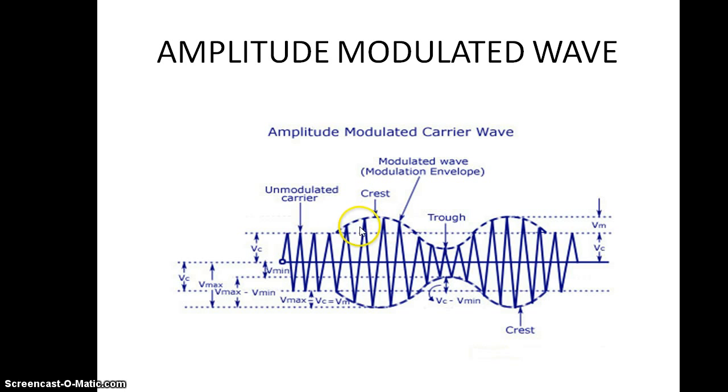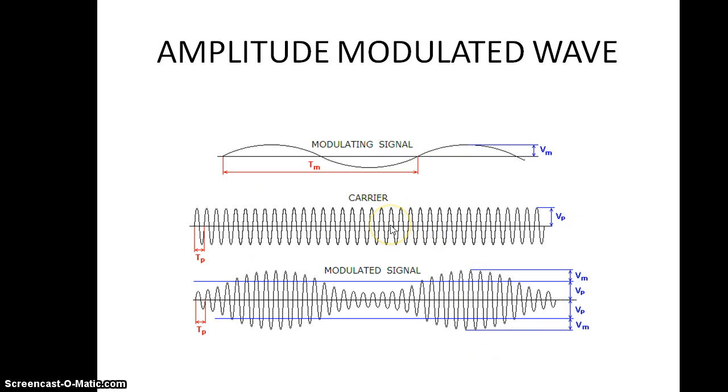This message signal will have varying amplitude and frequency, and now we will see how the signal gets modulated using amplitude modulation. The message signal is travelling with the frequency of the carrier wave, so that the carrier wave now assumes the shape of the message signal.